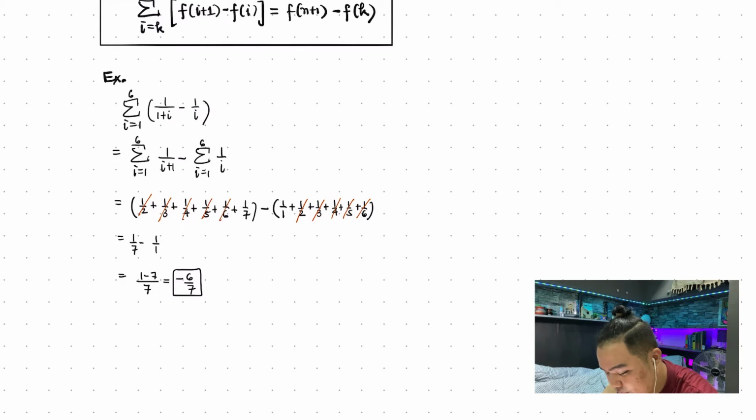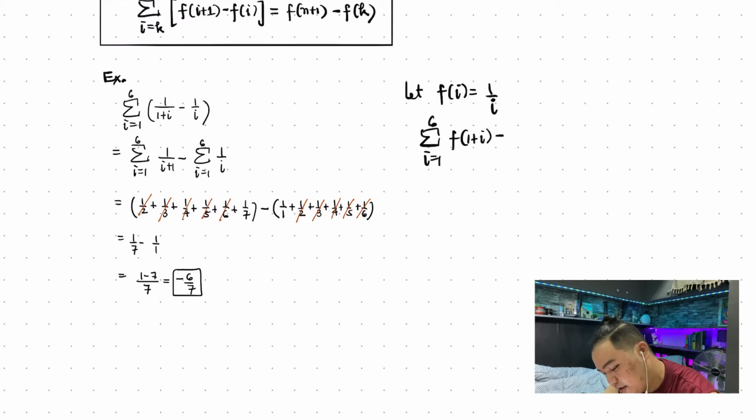Actually, another way of doing it, you can actually let f of I equal to 1 over I. So, magiging yung sum na to f ng 1 plus I siya minus f of I, which is a telescoping sum. Tapos, using the formula, yung upper limit lalagay mo doon.